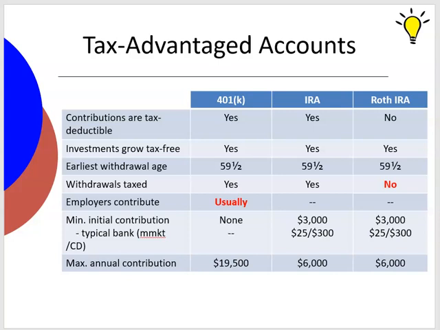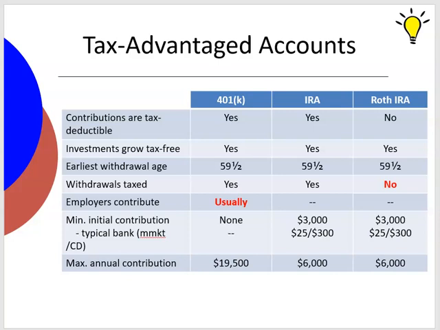Now, so 401k, let me summarize again. 401ks are offered by employers. You can deduct money from your income and it gets put directly into the 401k. It's an account. In that 401k, you can invest it however you like. The company will typically have some options for you.